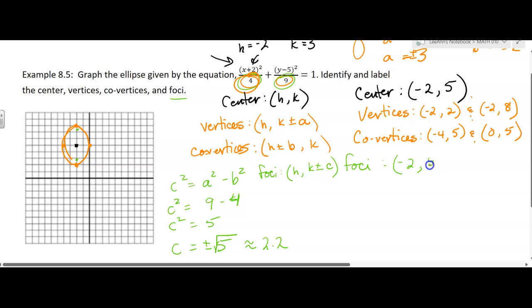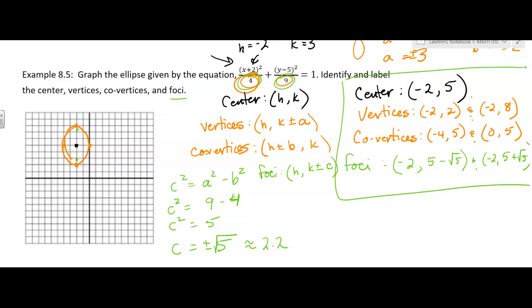So it's going to be -2, 5 minus the square root of 5, and -2, 5 plus the square root of 5. They want exact answers. They don't want decimal approximations. So there's the information we need, and there's the graph. And I didn't write the ordered pairs on the graph, but that's fine.